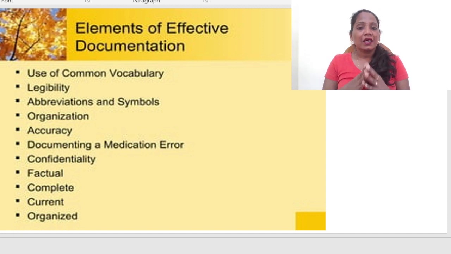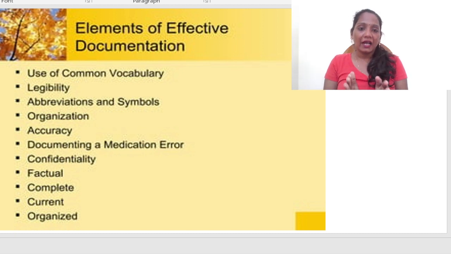And next one is, it should be organized properly, systematically, which I already mentioned. Legibility, proper completeness, clearness, universally accepted abbreviations only need to be included, and it should be accurate.